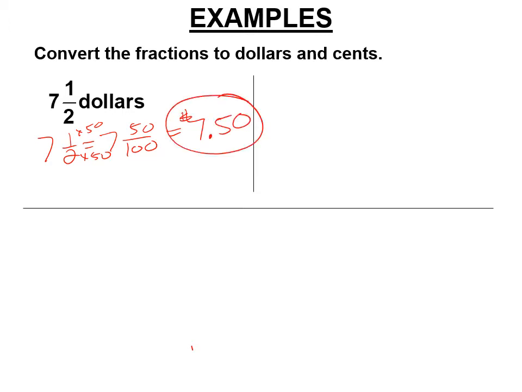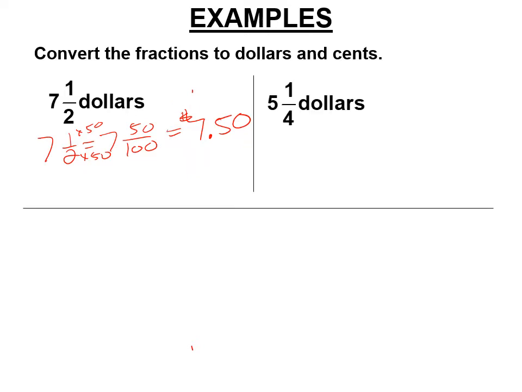And this is the only time, other than lining up your decimal points, maybe for adding and subtracting, that you need to have that extra zero. Otherwise, I would write 7.5. But $7.50, right? If I write this, that's $7.50 too. It's not 5 cents. 5 cents looks like that, right? 7.5 is the same thing as $7.50.